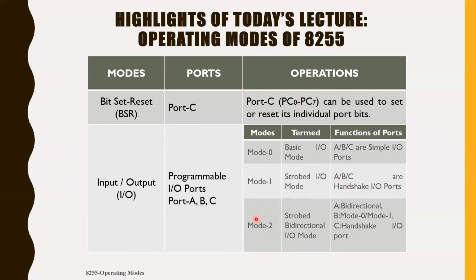Another mode under this input output mode is mode 2, which is termed as the strobed bidirectional IO mode, in which port A is bidirectional, port B behaves either under mode 0 or mode 1, whereas port C is a handshaking IO port. See, mode 1 and mode 2 are both handshaking modes. The only difference is that in mode 2, we have bidirectional handshaking.